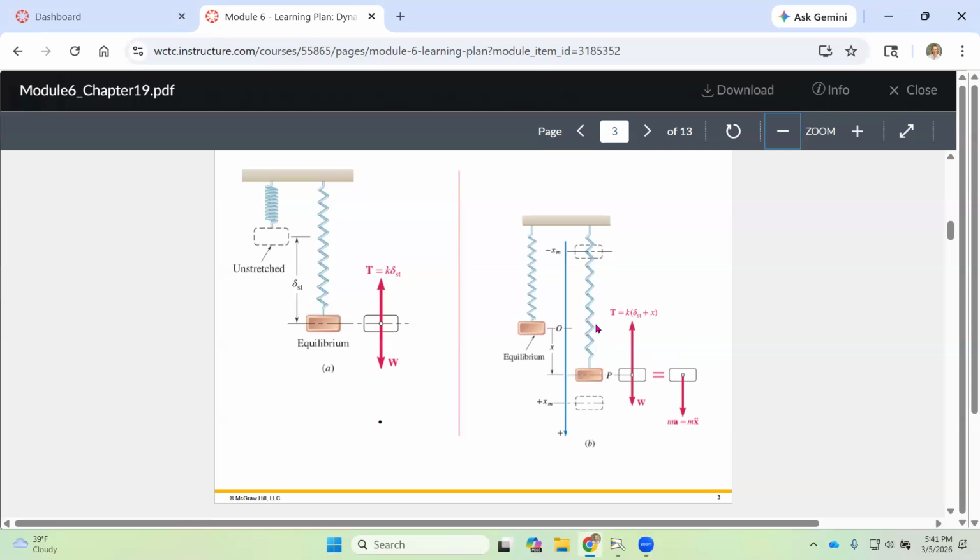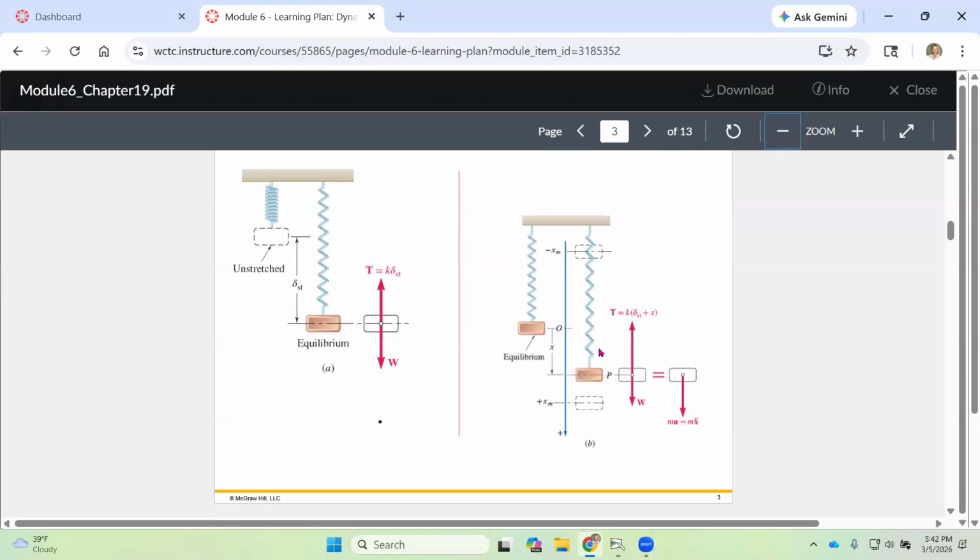And as it goes up, because of the nature of how this is going to behave, it's going to pass our 0 point and go back up further, another distance. And then it's going to realize, oh, that's not equilibrium, I'm going to try to get back down, and it's probably going to pass it again and then continue to go up and down until it gets to its equilibrium position.